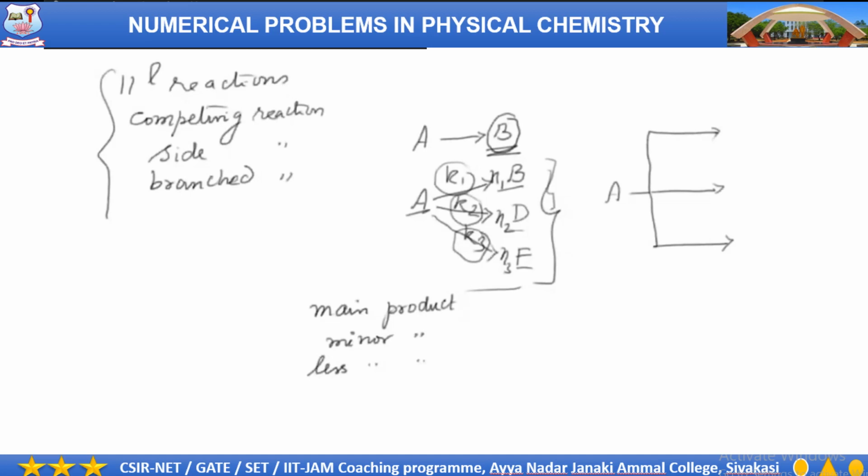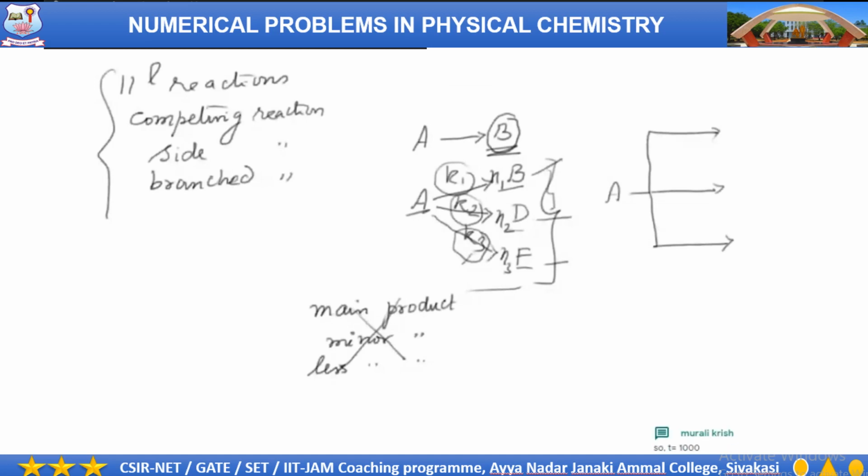How to identify whether B is the major product, or D or E? All depend upon the rate constants for B, D, and E. The rate constant may be higher or lower. Also, how many moles are formed from 1 mole of A is a distinct factor.